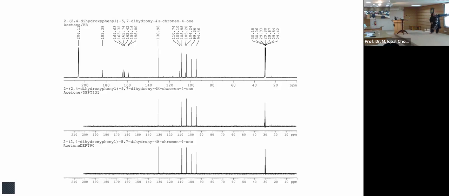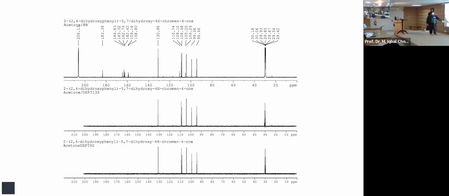If you compare the chemical shift of broadband with DEPT, that is distortionless enhancement by polarization transfer, DEPT 135 and DEPT 90, then you can identify quaternary carbons. And here we look. So all these are not there. So it means they're quaternary, right?